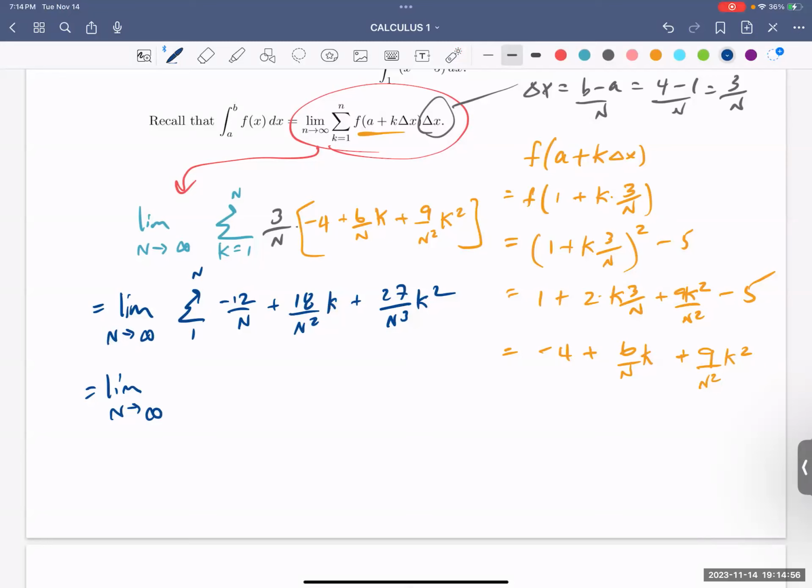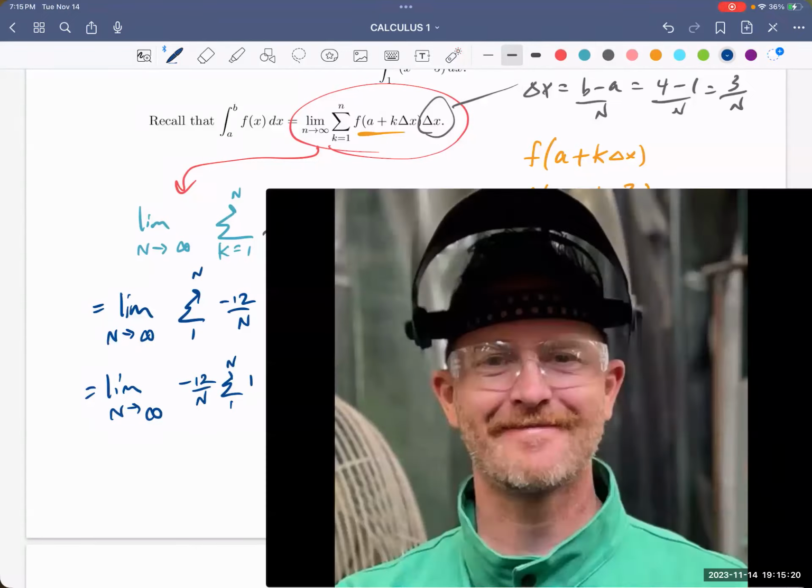So we would have negative 12 over n, sum 1 to n of 1, plus 18 over n squared, sum 1 to n of k, plus 27 over n cubed, sum 1 to n of k squared.